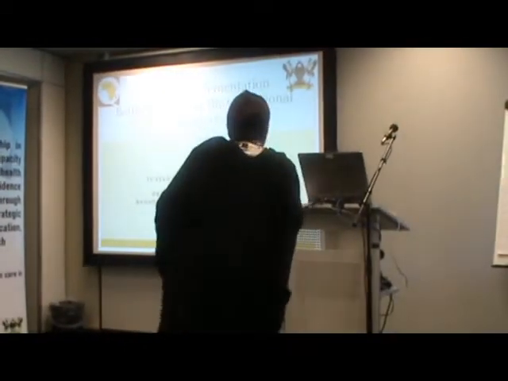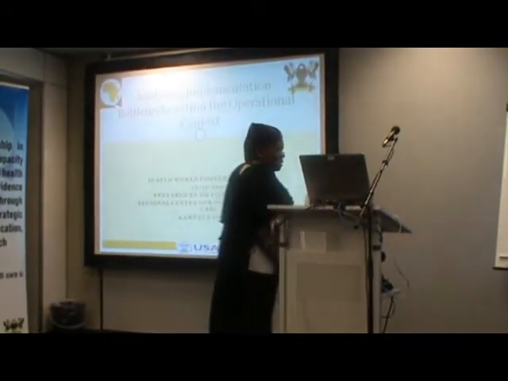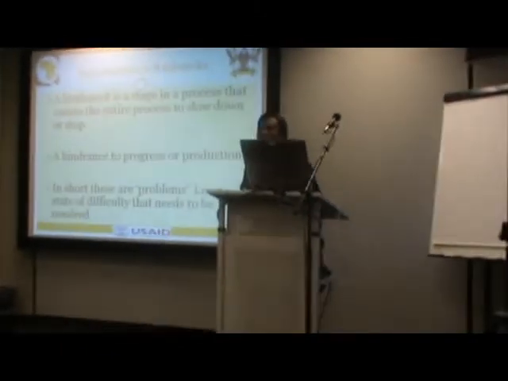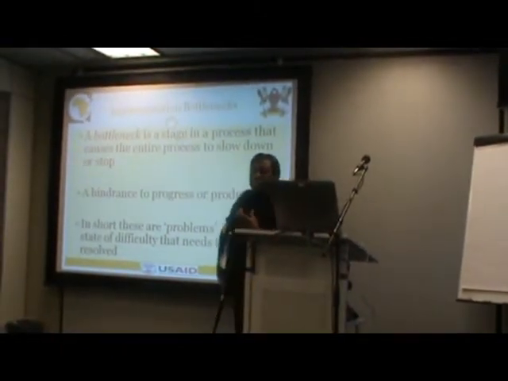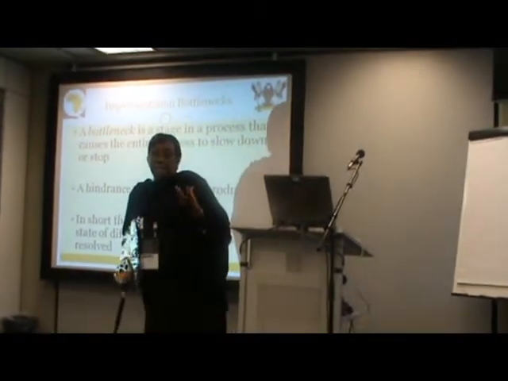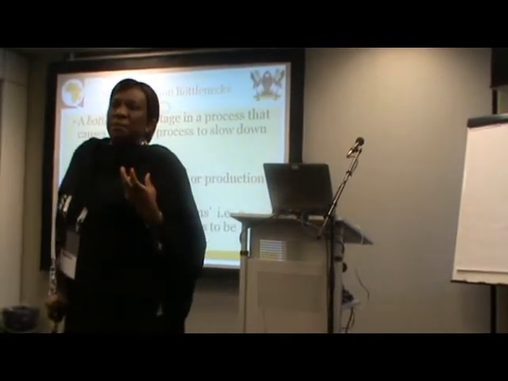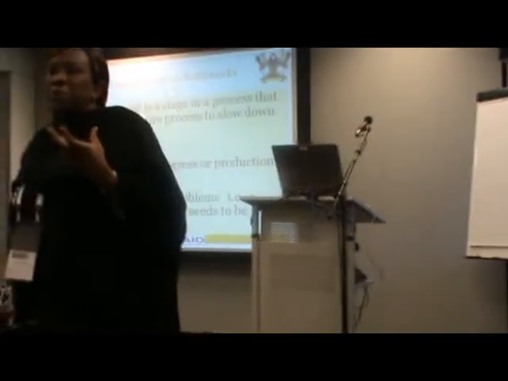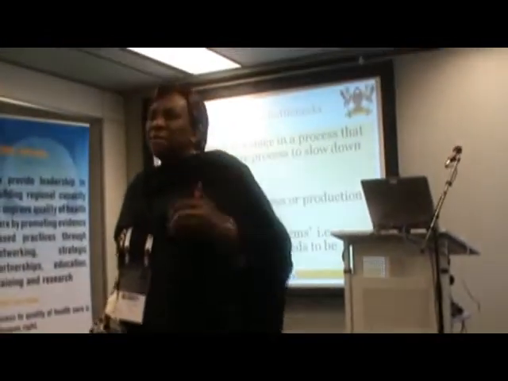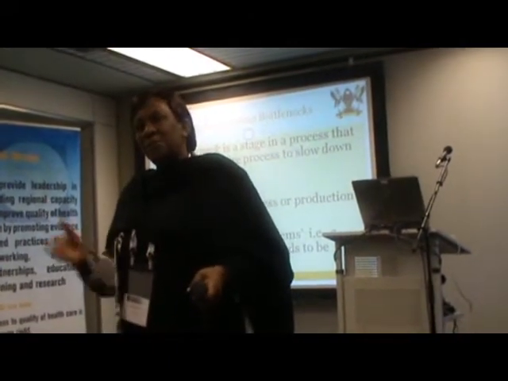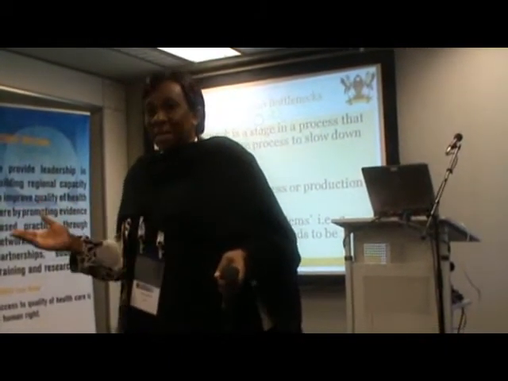Because what you want to get to is to get to the point where you can address that implementation bottleneck so that you get rid of it. Now, root cause analysis has an analogy. If you have a tree and you want to get rid of it, you don't start by cutting off the branches. You cut off the branches, what happens? It just grows. It just grows better, okay?